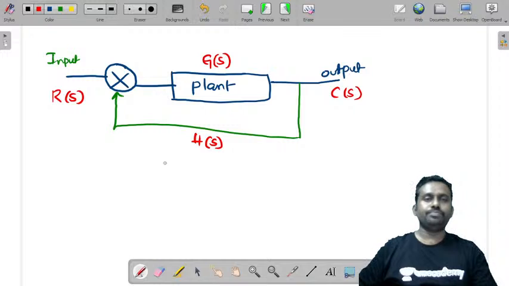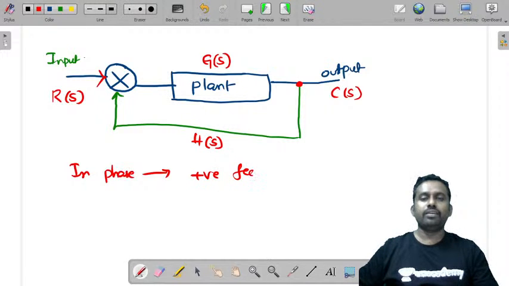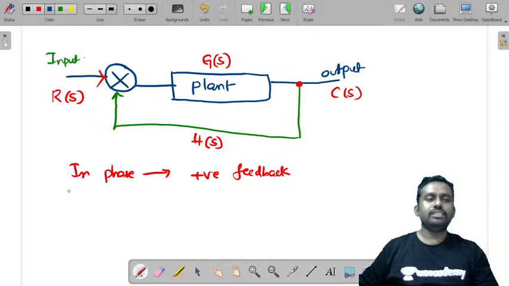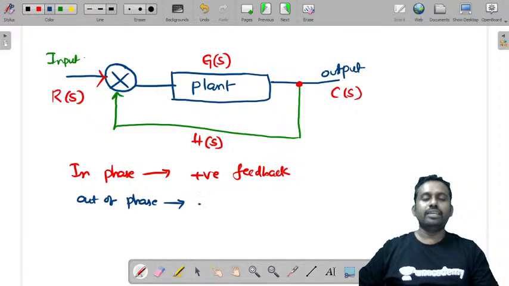If this feedback, a part of the output taken back to the input, is in phase with the input, it is called positive feedback. And if it is out of phase with the input, it is called negative feedback.